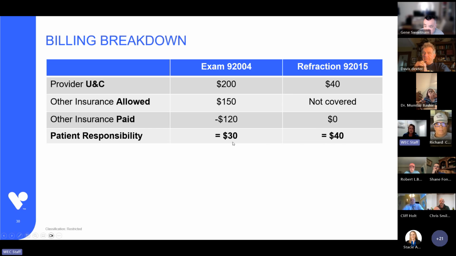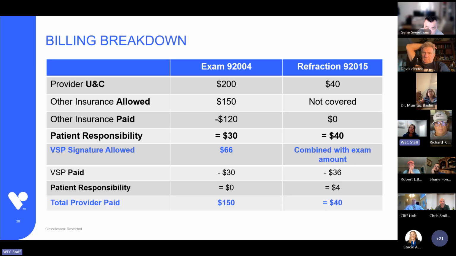So in full, if we leave it like this, the patient's going to have a $70 copay. And I don't know if it's just an Arkansas thing or what, but I don't know about y'all, my patients will be very angry if they ended up with a $70 copay. But luckily, though, because we know how to coordinate benefits with VSP, we're going to use their other benefits. So remember, under the signature plan, they have $66 to play with in the secondary position to coordinate with the Blue Cross Blue Shield.